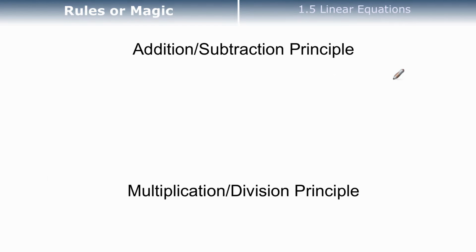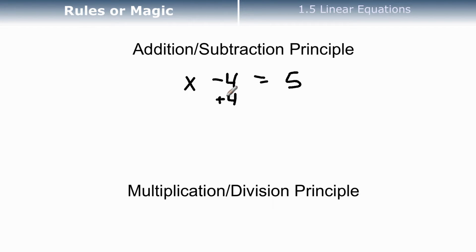A couple of the principles that you should be comfortable with are the addition-subtraction principle and the multiplication-division principle, or both of those. The addition-subtraction principle says something like this. If you want to get x by itself, and on this side you have subtract 4, then you can add 4 on this side.